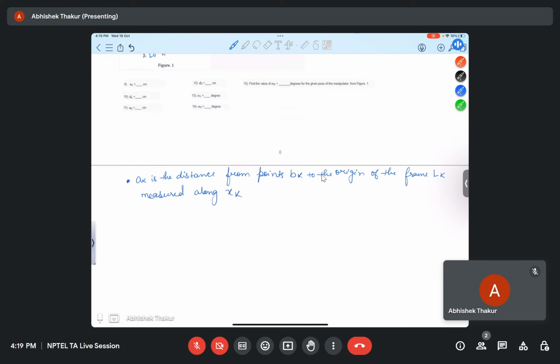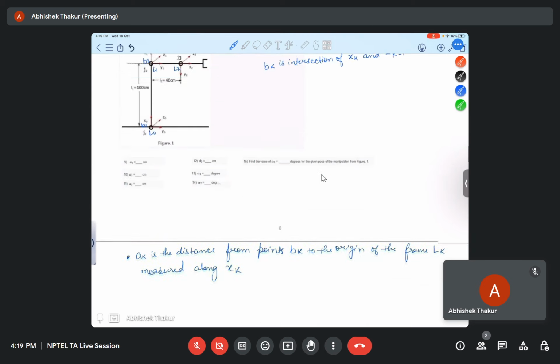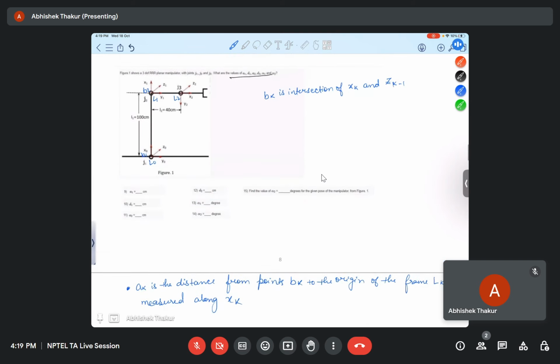So AK is the distance from the point BK to the origin of the frame LK measured along XK.